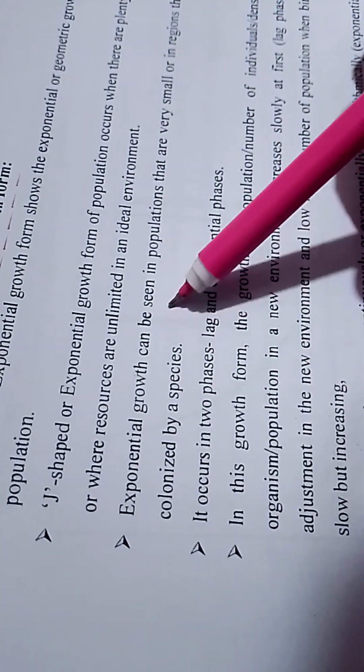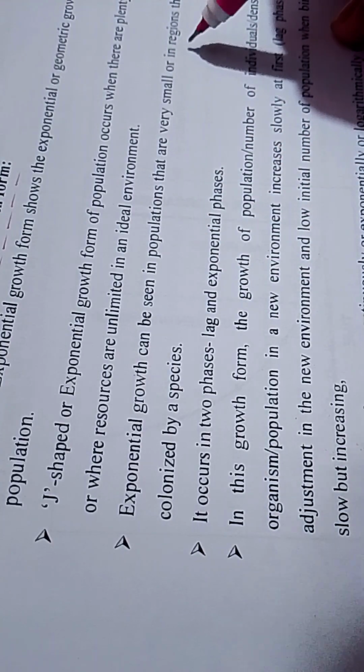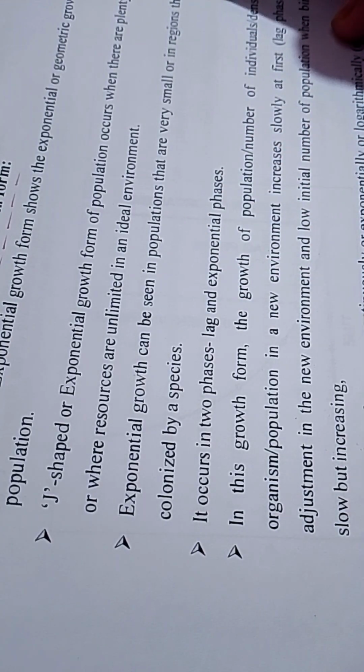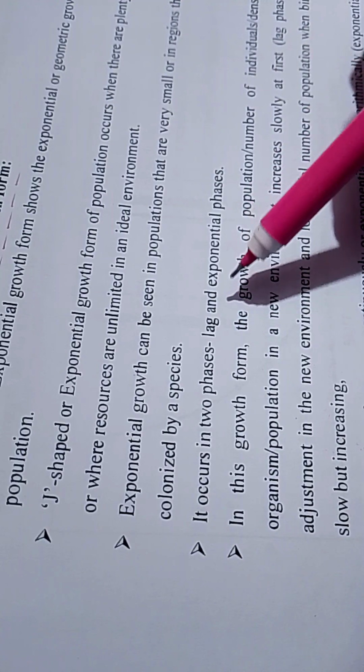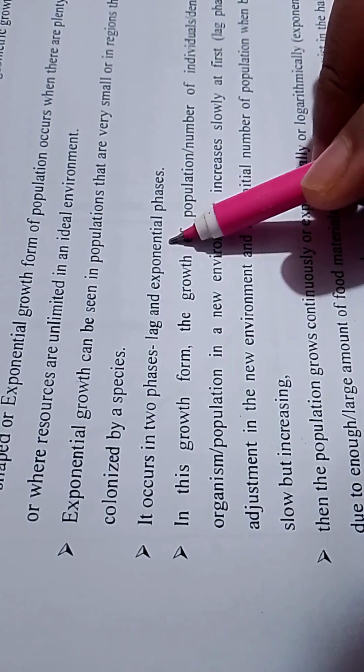Exponential growth can be seen in populations that are very small or in regions that are newly colonized by a species. It occurs in two phases: lag phase, exponential phase.